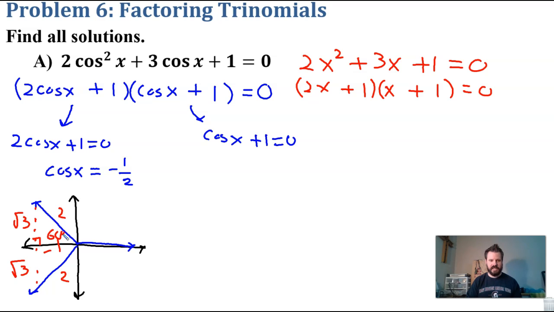So we're talking 60 degrees for our reference angles, meaning my angle in standard position is going to be 60 short of 180, which is 120, and 60 past 180, which would be 240 degrees.